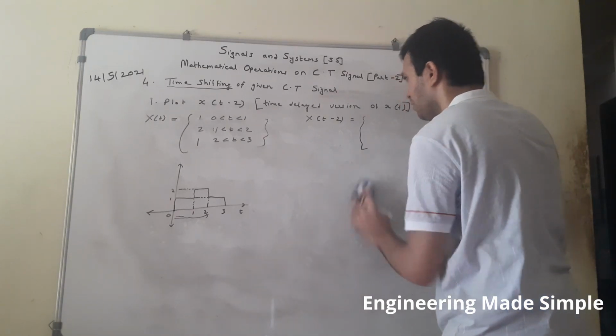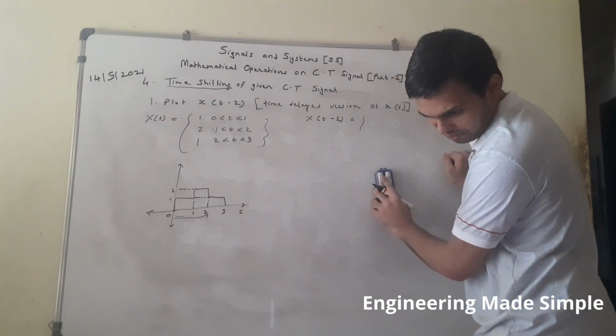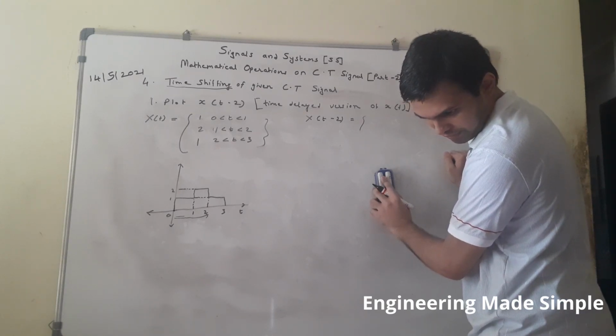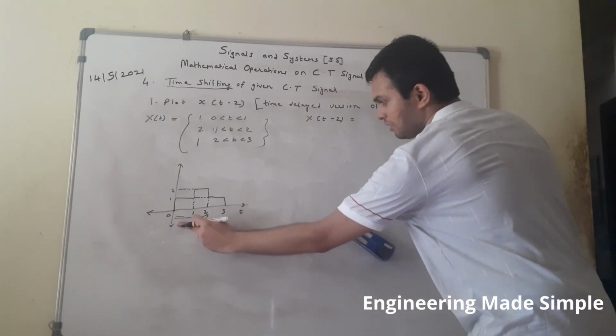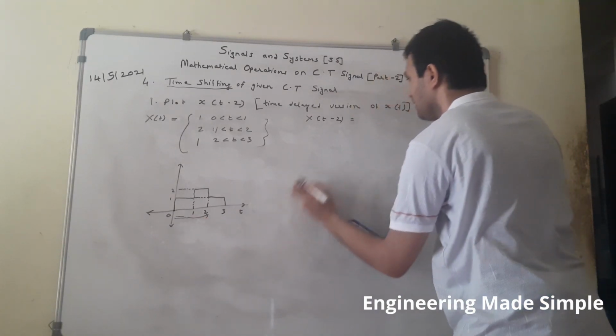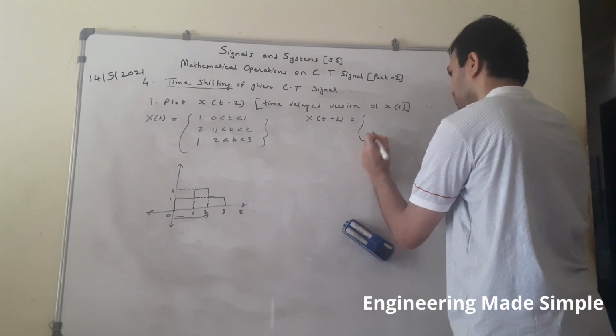So directly we will plot it here, then only we will understand what it actually is. One thing is pretty clear: when we shift the signal by 2 units, the signal will start from t equal to 2.